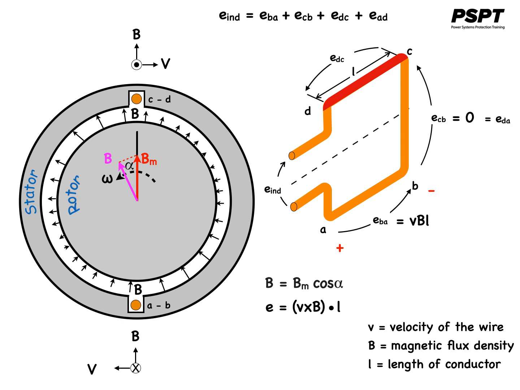This means the voltage vector is the same direction as the segment CD, meaning the voltage rises from C to D. Therefore, the induced voltage on this segment of the wire is VBL from C to D, which ultimately means the total induced voltage is made up of the voltage across segments BA and DC only.